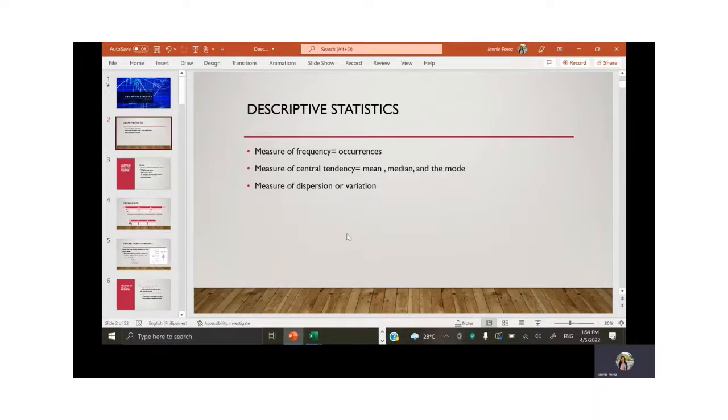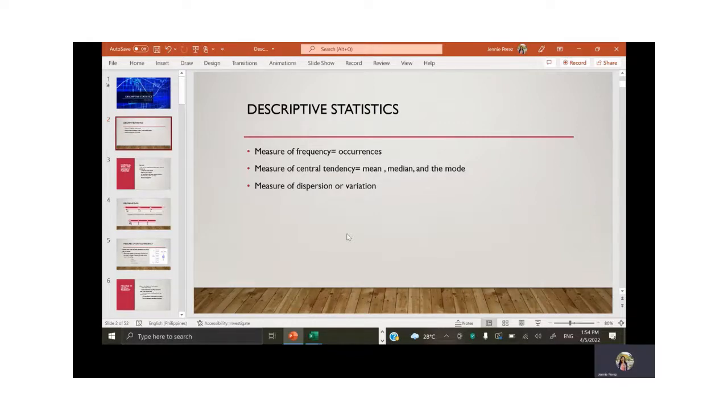That means extreme scores. In a data set, there is a probability that there are extreme scores, scores that are very far from the mean, from the average score. And usually they set a problem in your data set.